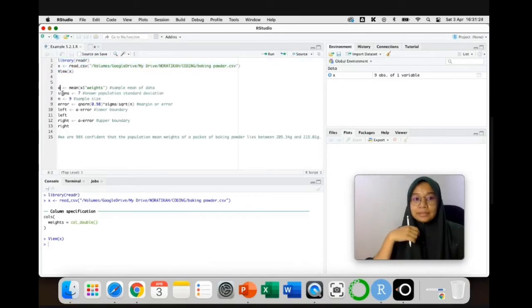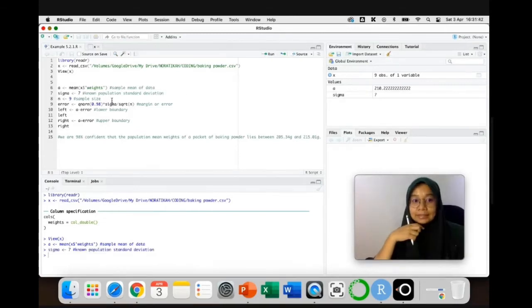First, what I did was find the mean of the data. So run it. The mean is equal to 210.2222. And then sigma is given. Sigma equals 7. And n is the sample size. Sample size is 9.